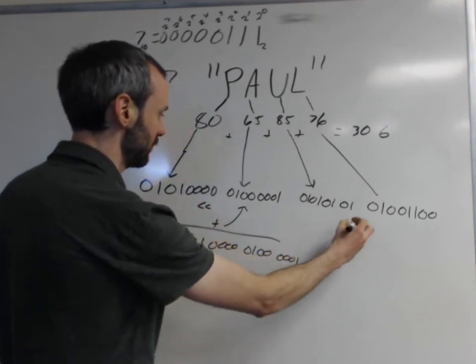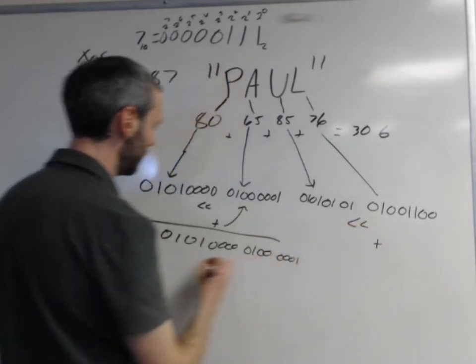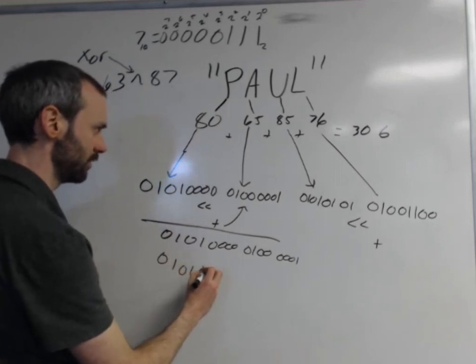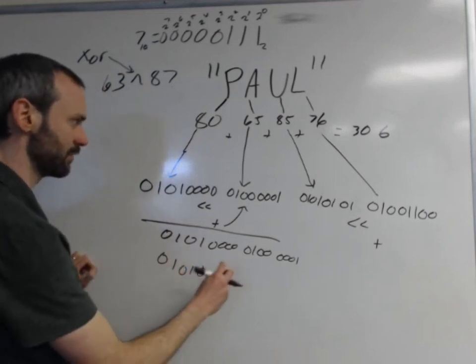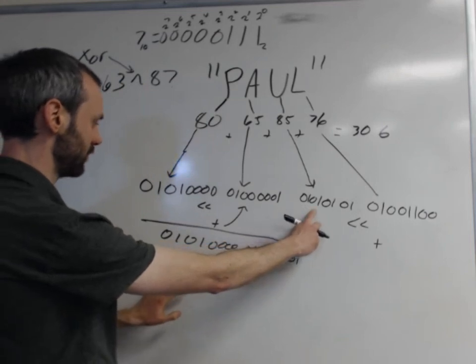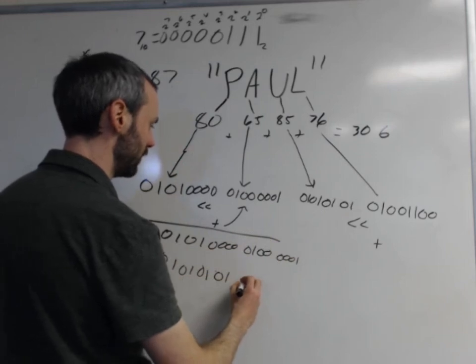You could do the same thing here. Again, upshift and then add, and I'm going to write that down here. Wait, I messed up, didn't I? There we go. Great.